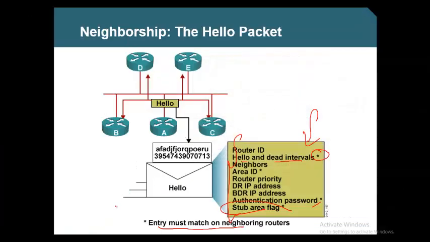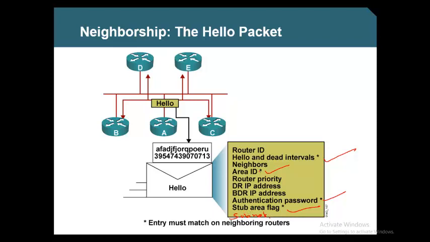So in a hello packet, these are things carried. The parameters that are supposed to match in order to form neighbor are the hello packet time intervals, area ID, authentication password, flag, subnet, subnet mask.